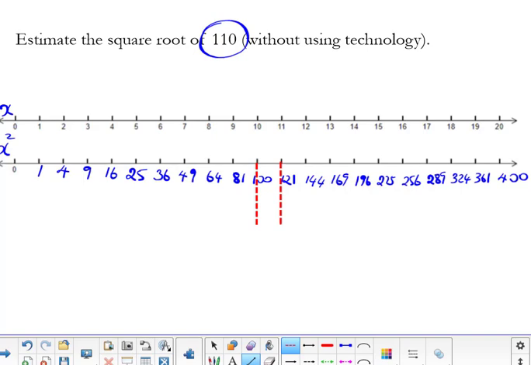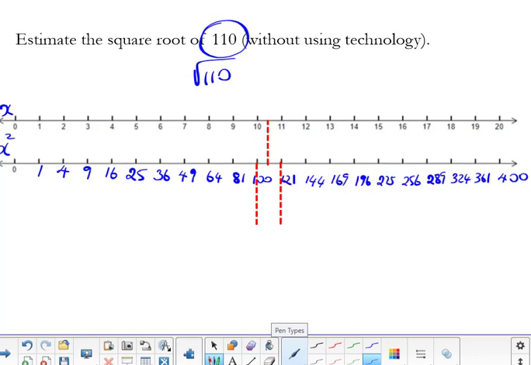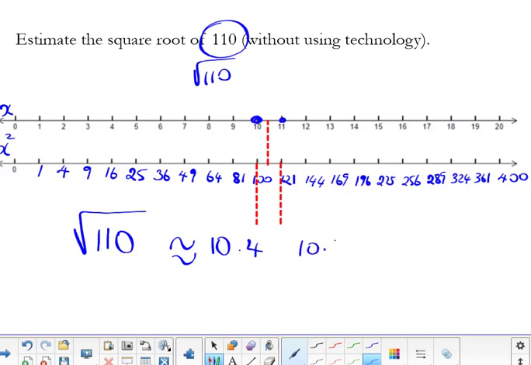So its square root is going to be somewhere between 10 squared, which is 100, and 11 squared, which is 121. So you might estimate here the square root of 110 may be approximately equal to about 10.4, 10.5, somewhere in there. So we've made an estimation there.